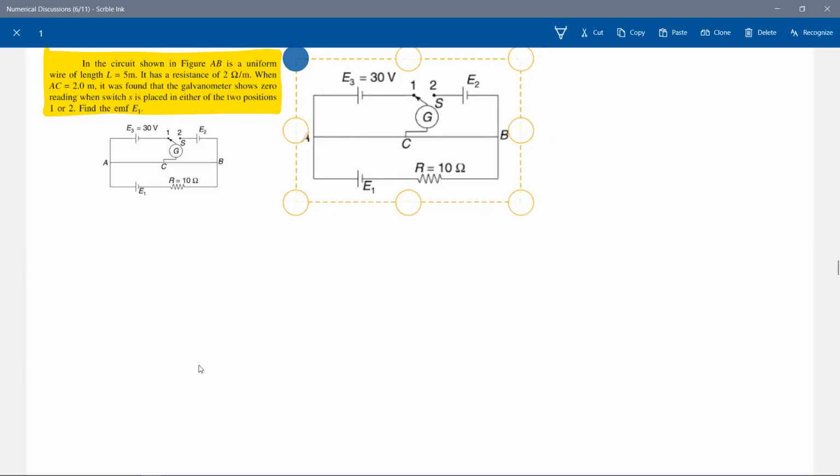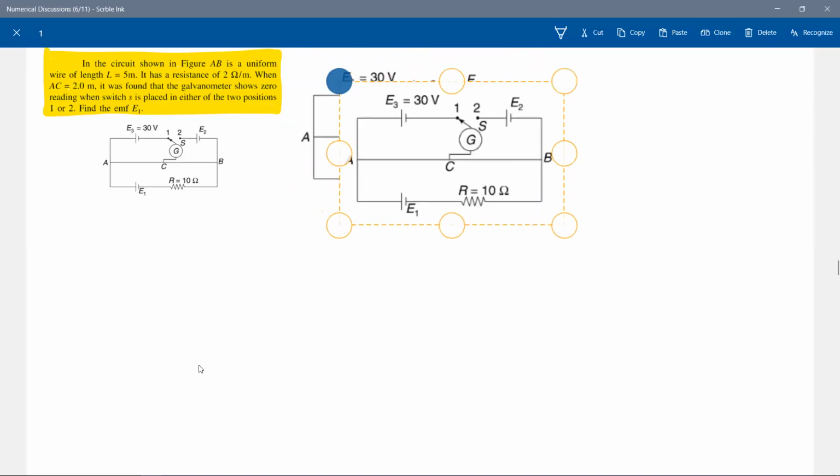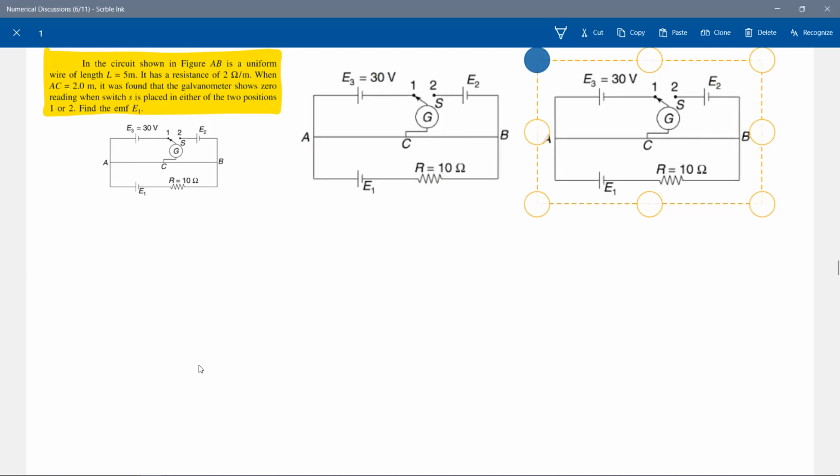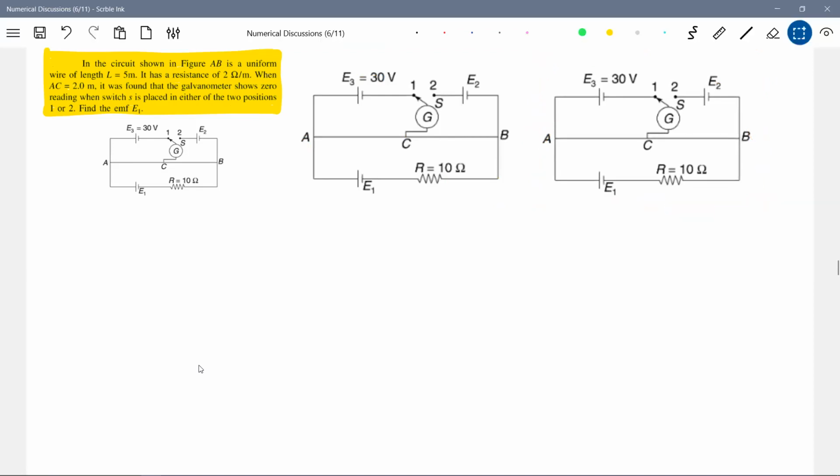Here only, instead of drawing, we can adjust things. When AC is 2 meter, it was found that the galvanometer shows zero reading when the switch is placed in either of the two positions, 1 or 2. Find the EMF E1.